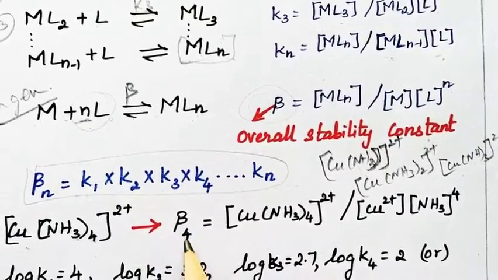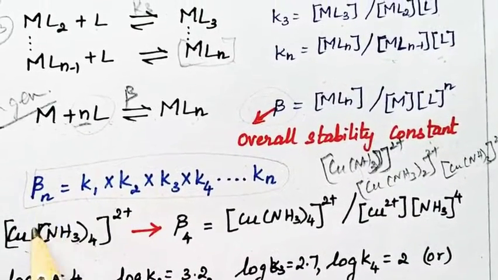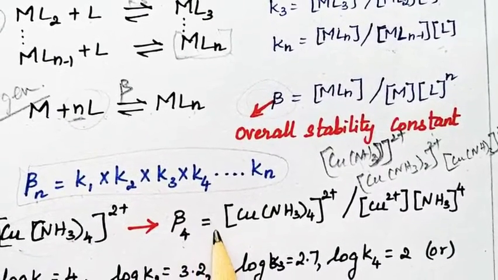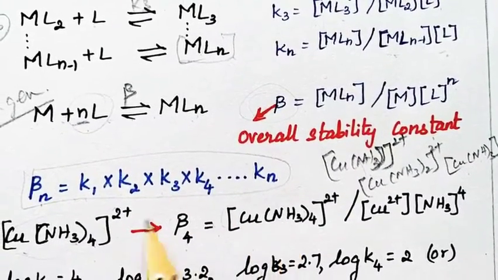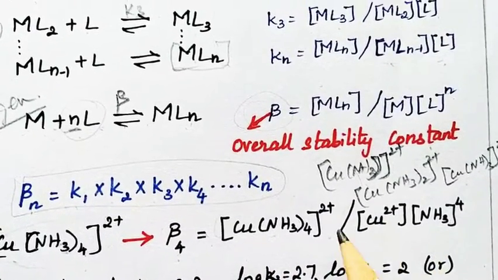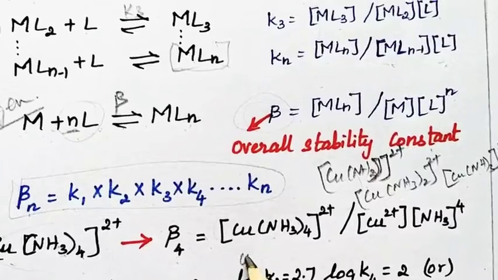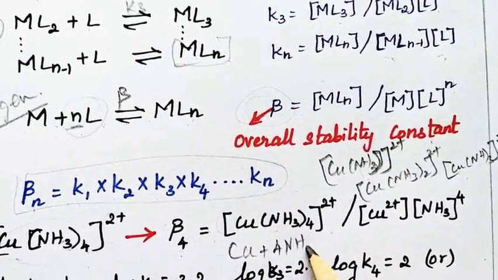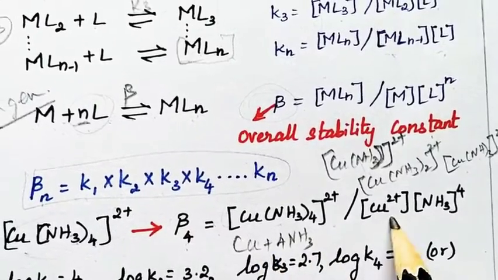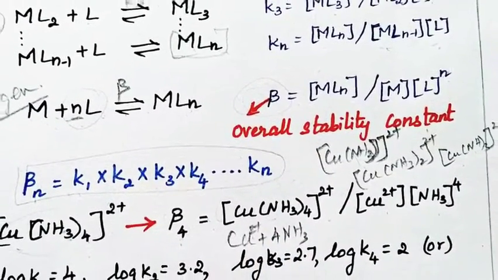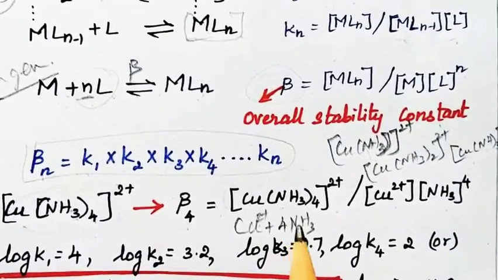So I can write beta 4, the overall stability constant for this complex. Beta 4 is equal to the concentration of the product by the concentration of the reactants. What will be the reactants here? One is the copper and another is 4 ammonia molecules, right?